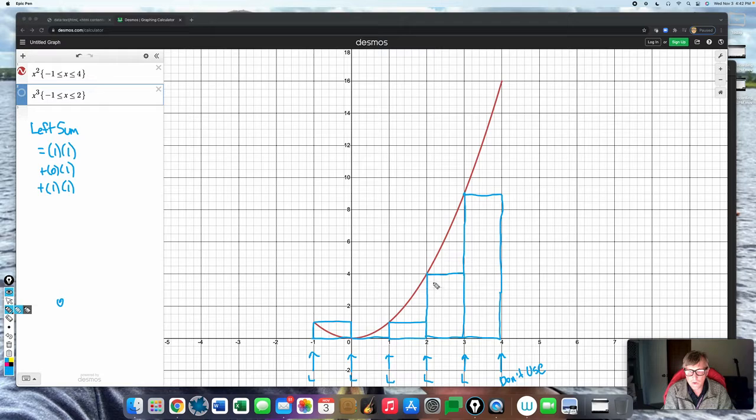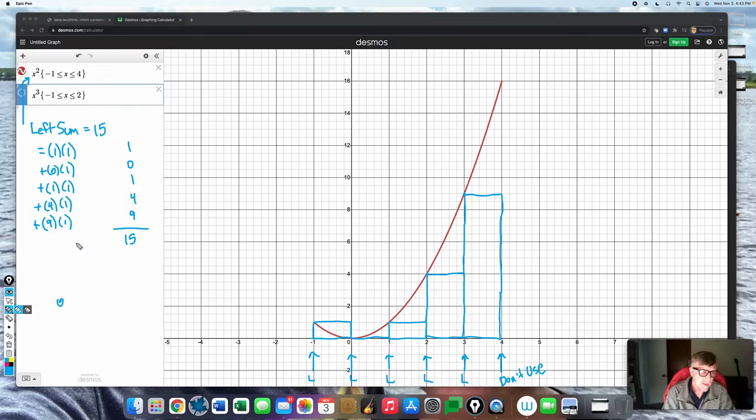Then this height is 4, so that's 4 times 1, and then 9 times 1. That adds up to 1, 0, 1, 4, and 9, which turns out to be 15. So the left sum would be 15 for this area.